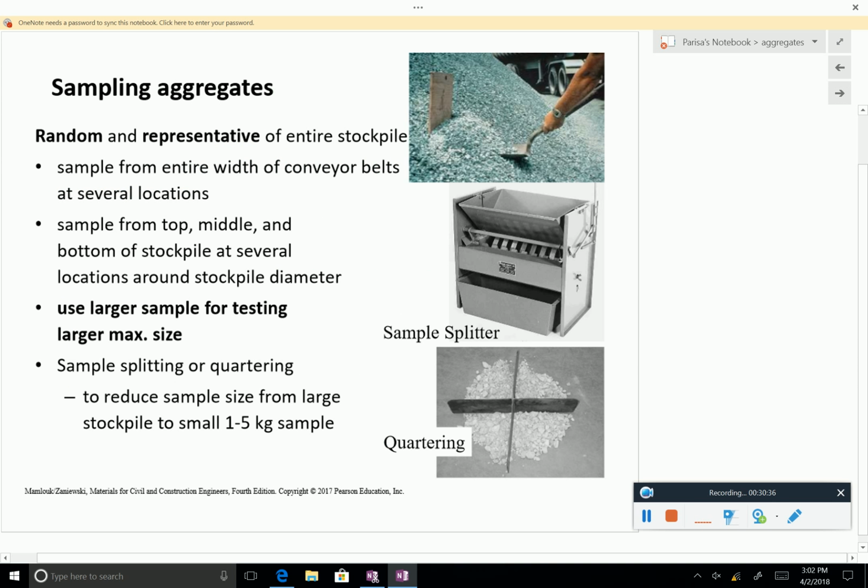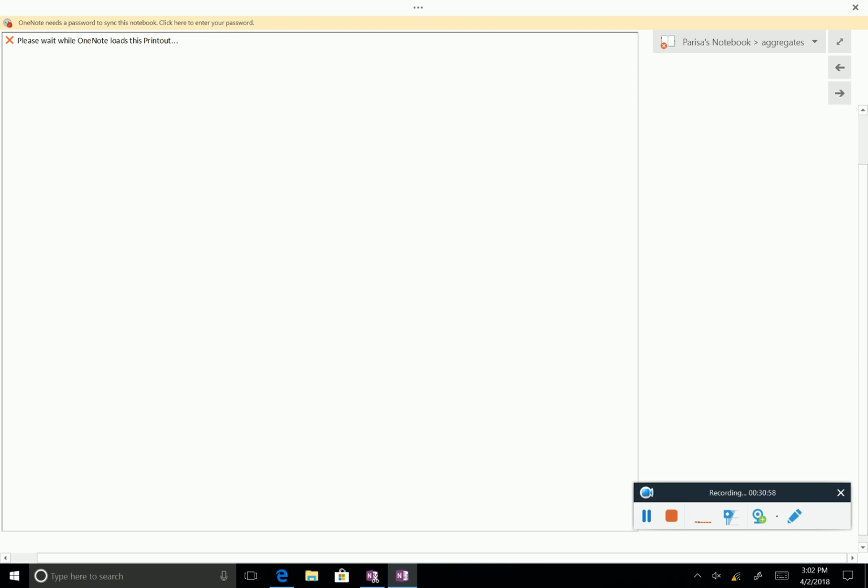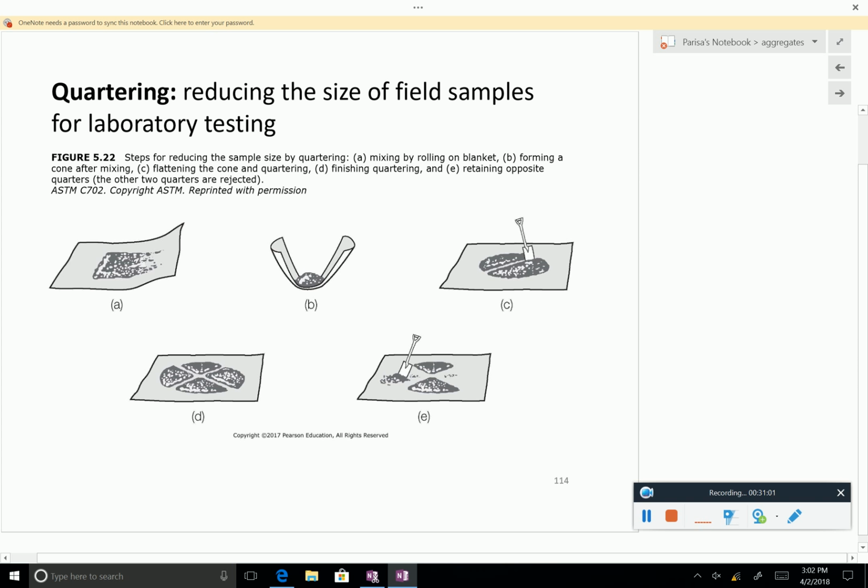When you are sampling the aggregates for laboratory testing, it's important that the sample is representative of the entire stockpile. So you want to take samples from several locations and mix them up. If you have coarser aggregates, the samples are larger. And one method to take samples from larger stockpiles is quartering, where you get the material, mix it up, and take a quarter off, as you can see in this figure.